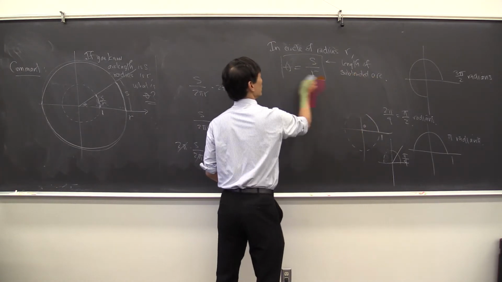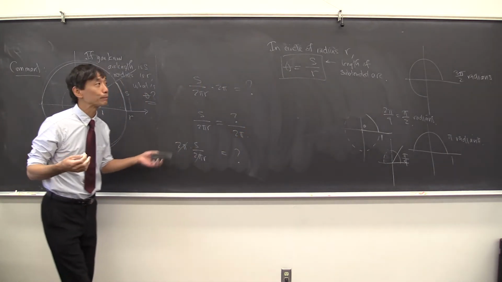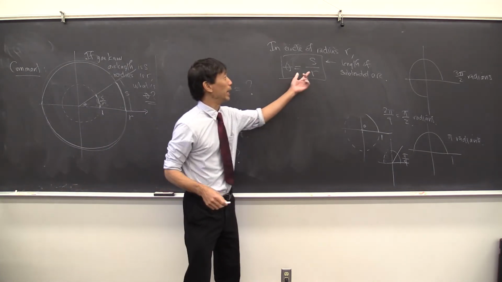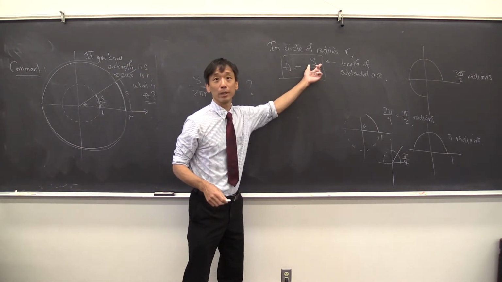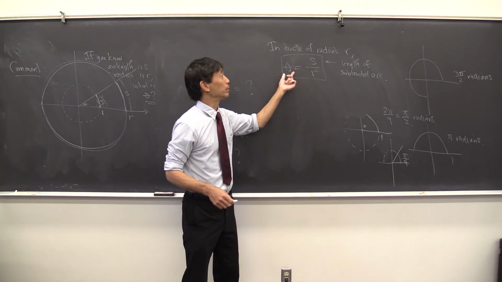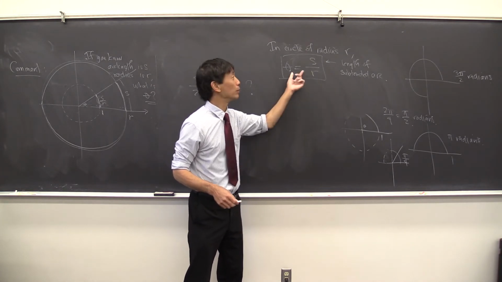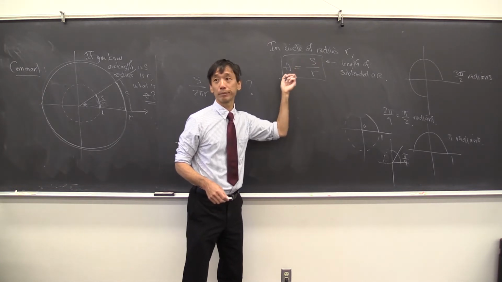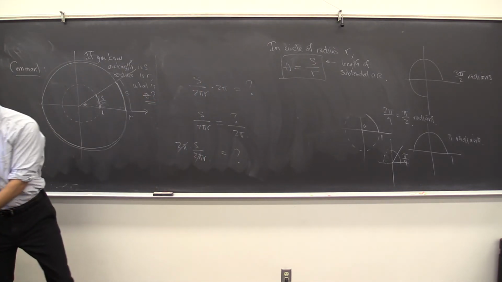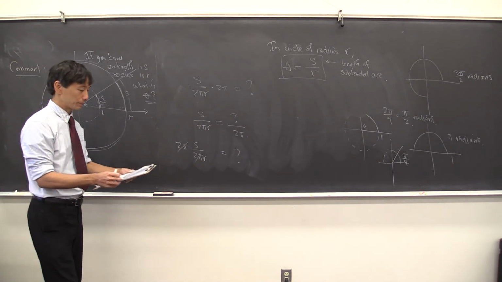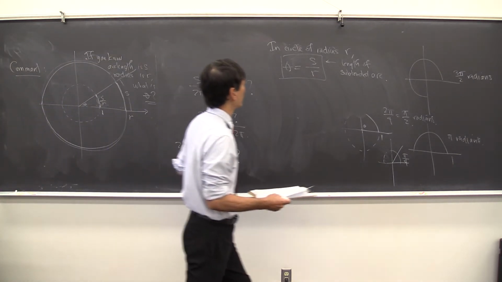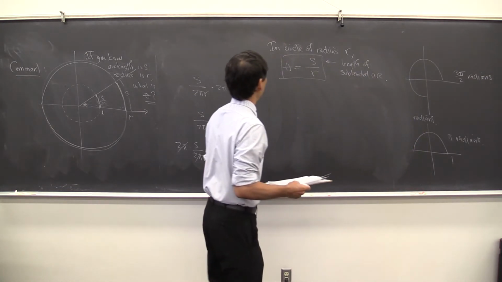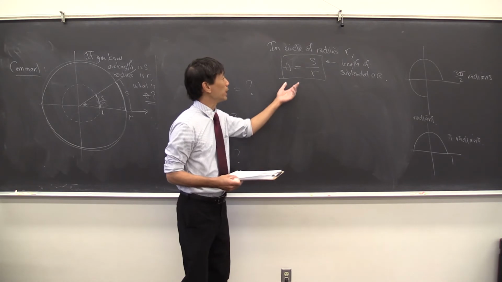That's a nice formula for the general circle. For the unit circle, the angle is just the arc length, and that's how we define it. That's handy because then you can do calculations easily.